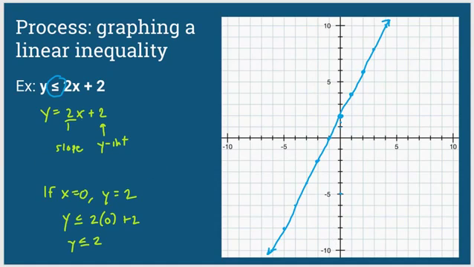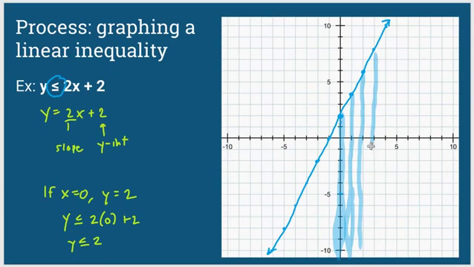And so actually what's going to happen is that I could sort of fill in this whole line of points where y is less than 2. And that's going to be true for every one of these points that I just marked on here.